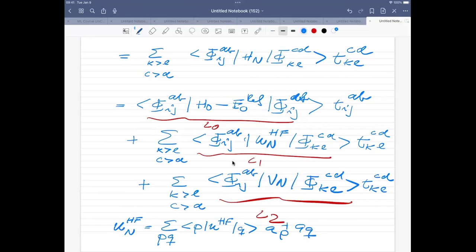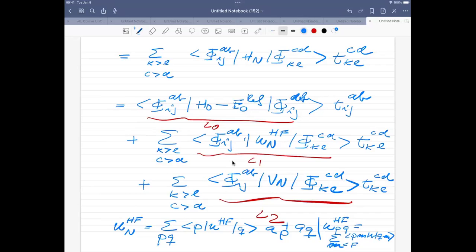And the term U Hartree-Fock of P and Q is nothing but the sum over M, states below the Fermi level F, of P M V Q M. So these are the terms which I need to evaluate.